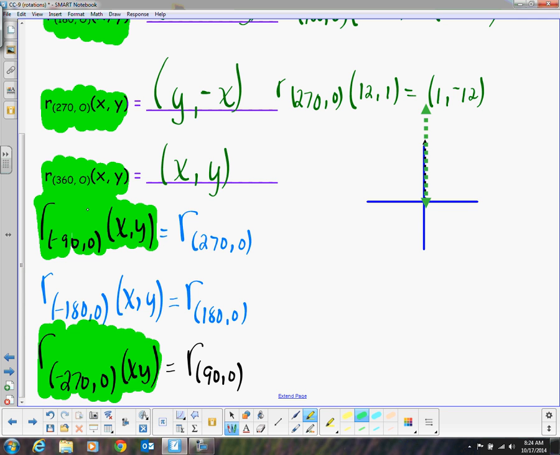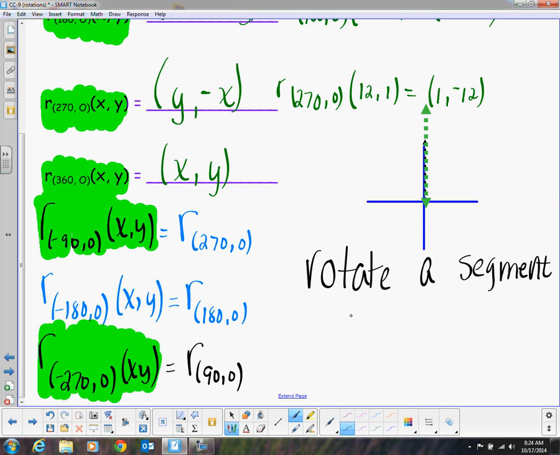Then I'll give you these left ones, you give me these right ones. Then I'm going to ask you to rotate a segment off the coordinate plane. That was your homework last night. So you've got one of those also.